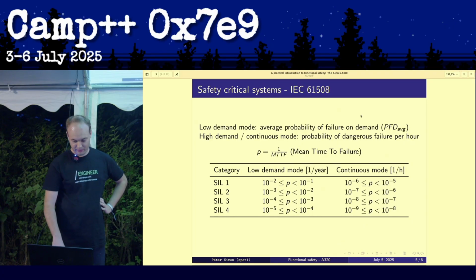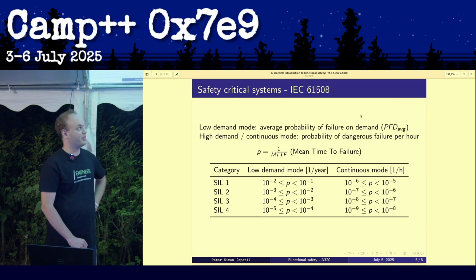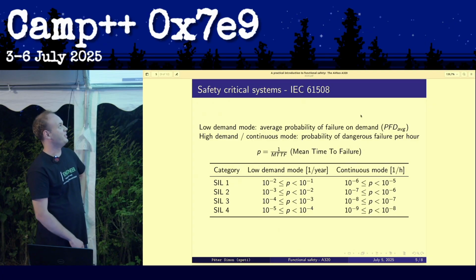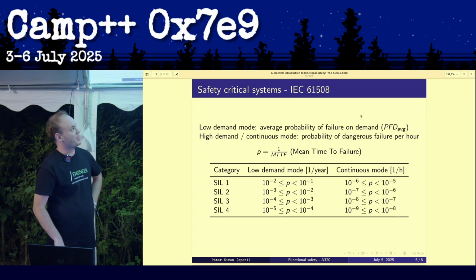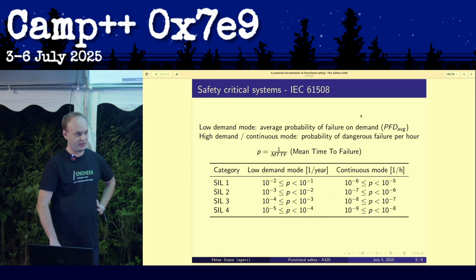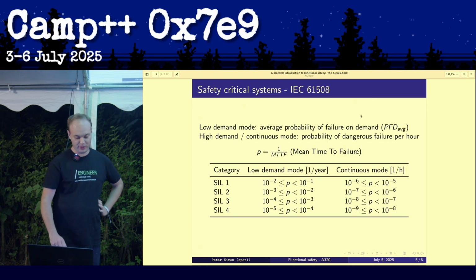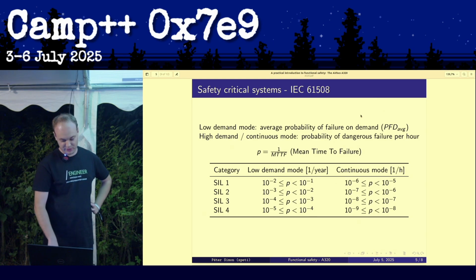So basically, the 61508 standard defines these safety integrity level categories that represent the probability of failure that we want to expect from such a system.